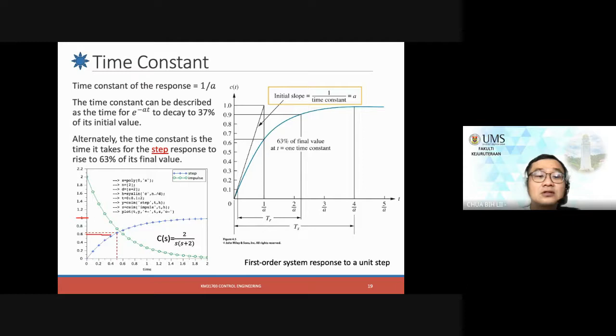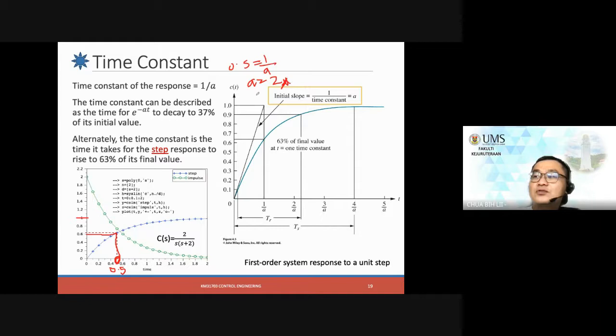So if I take a dotted line over here, then I take this value, which corresponds to 0.5, right? So 0.5 means to say my time constant is 0.5. So 0.5 is equal to 1 over a, therefore my a is equal to 1 divided by 0.5, I get 2, right?